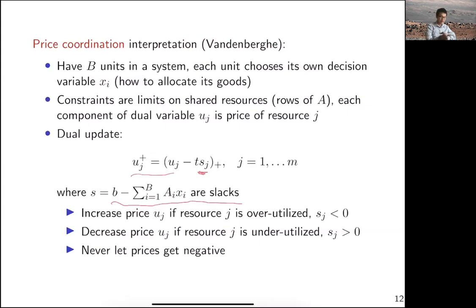Notice that this s can be either negative or positive. Suppose the slack is positive, then that means that we're good. That means that with the current x, we're not actually using up all the resources that are available. And suppose sj is negative, then that means that we have already overutilized this particular resource. Therefore, let's increase the price to adjust for that, so people will end up using less.